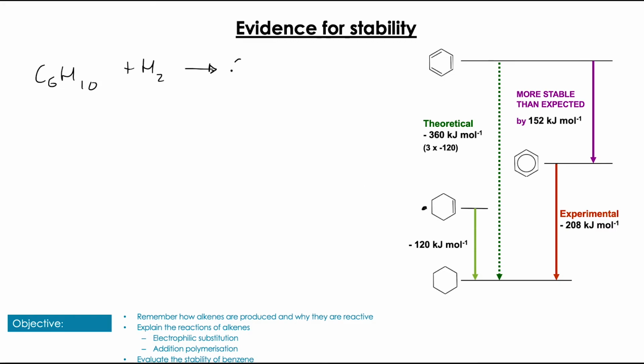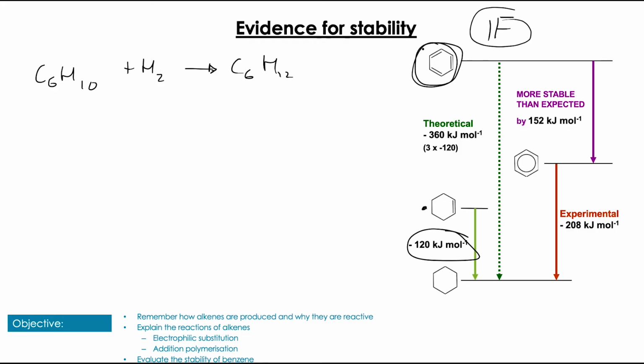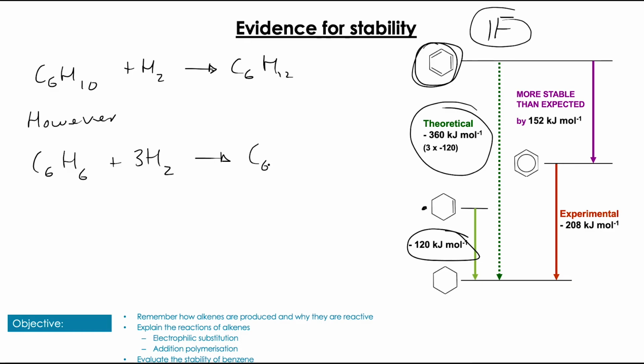If we had alternate single and double bonds, the difference between C6H12's enthalpy and C6H10's enthalpy should just be able to be multiplied by 3 to get that of benzene. However, we find a big discrepancy from the theoretical value of minus 360 kilojoules per mole, and we find that benzene is much more stable than we would expect.